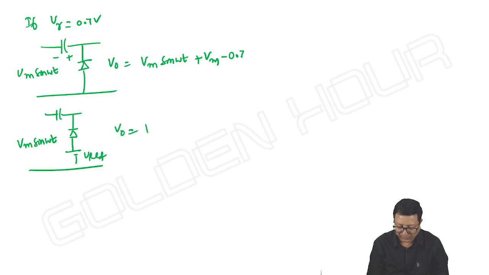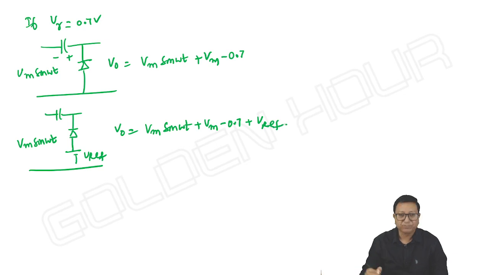So the output is equal to Vm sin omega t plus Vm minus 0.7 plus V reference. Okay, here one more point to be observed. In negative clampers, I told the positive peak of the input should be greater than V reference.